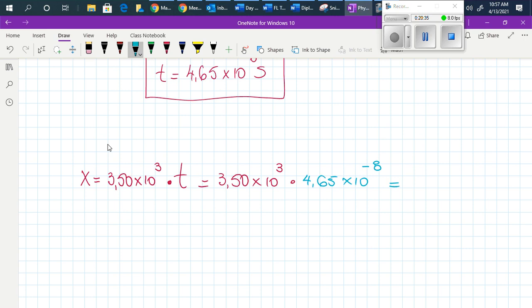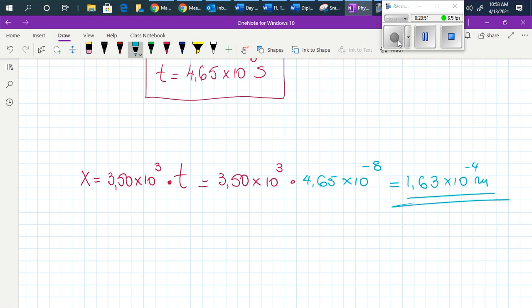Then entering it in your calculator, you will find that the range is 1.63 times 10 to the power of -4 meters.